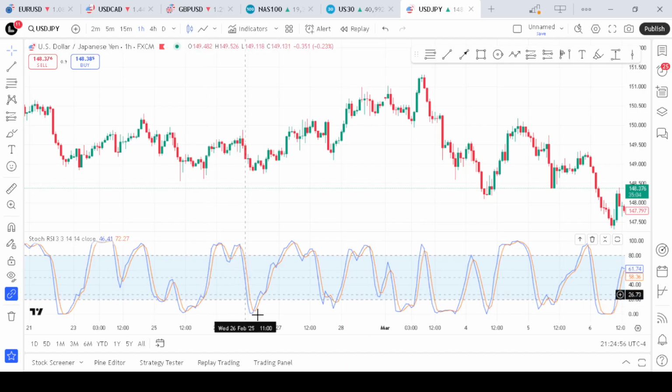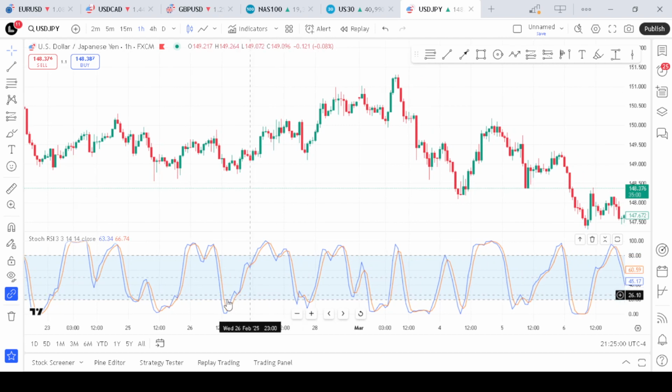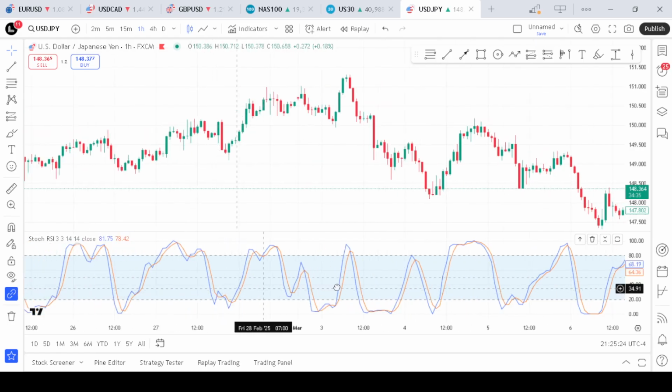When you are looking at the stochastic RSI on your TradingView, you will notice two lines moving together. The percentage K line, which is typically blue and represents the current stochastic RSI value, and the percentage D line, which is typically orange, as we can see on our chart.